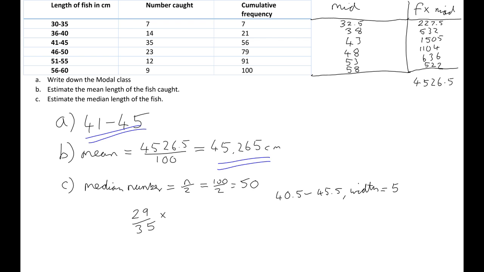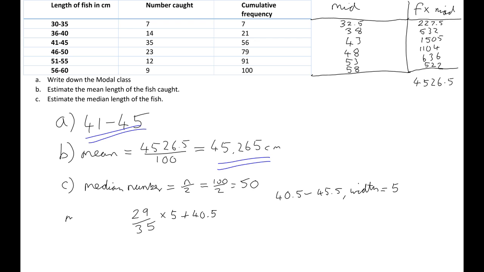So we were 29 35ths of the way into the class, so we are 29 35ths of 5 into the class. And our lowest value that we had was 40.5. So we are 29/35 of 5 above 40.5.